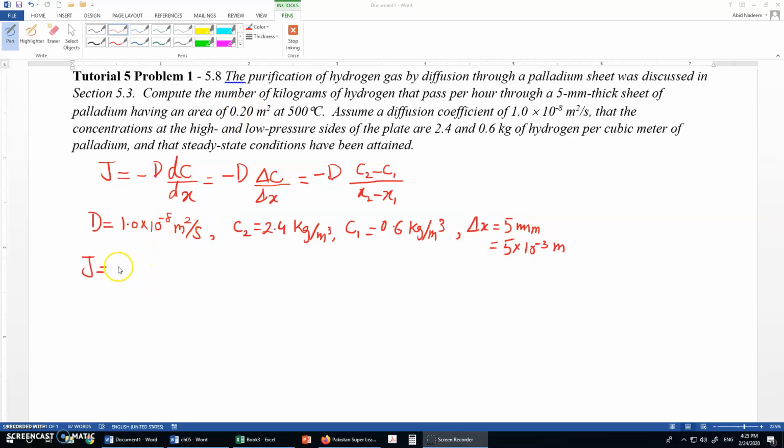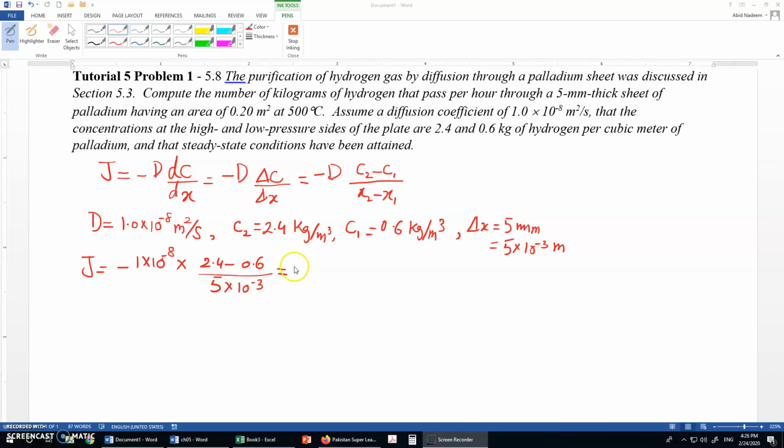So J will be equal to minus D, the value of D is 1 × 10^-8, multiplied by delta C, which is 2.4 minus 0.6 kilogram per cubic meter, divided by 5 × 10^-3 meter.